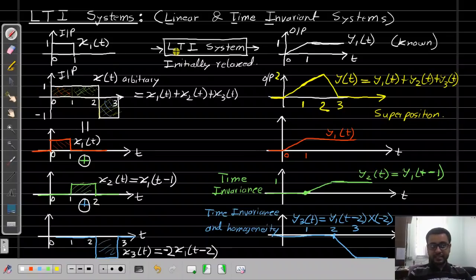Since this system is linear, it obeys the superposition principle. So what we observe is that if an arbitrary input can be broken into simpler inputs for which the output is easy to calculate, then I can add those outputs to get the total or final output.